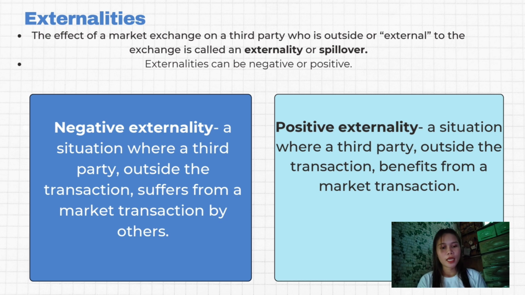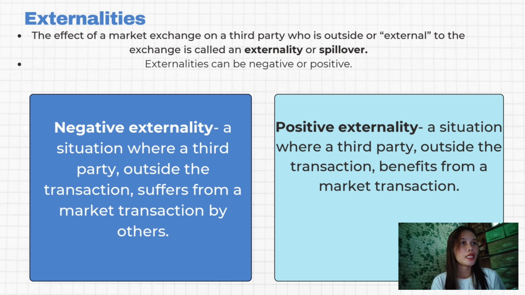An example is air pollution from industrial activities. When a factory emits pollutants into the air, surrounding communities may suffer health issues and decreased air quality without compensation. The health costs incurred by residents represent a negative externality, not reflected in the factory's production costs, highlighting the social and environmental impact of such activities. That is the negative externality.